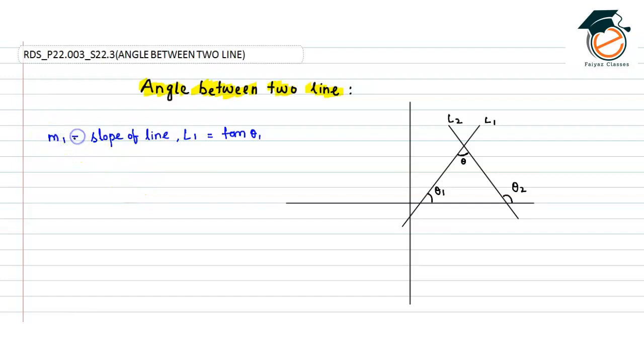We can say that the slope of line 1, m1, is equal to tan theta 1. Similarly, m2, the slope of line 2, is equal to tan theta 2. We have to find the angle theta between the two lines.